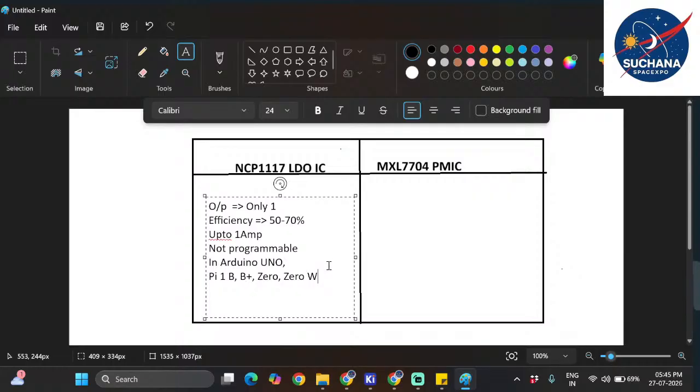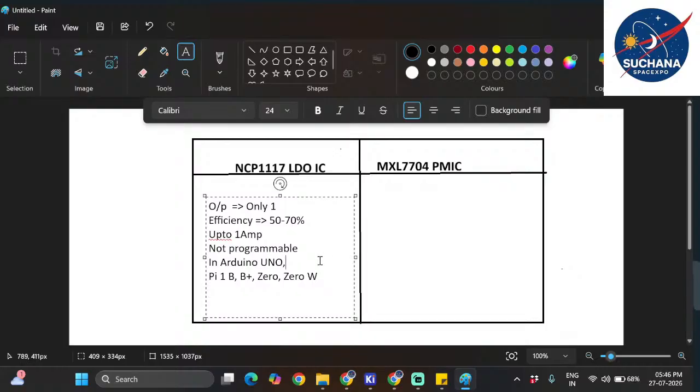So in these Raspberry modules, you can find this kind of low dropout voltage IC. To reconfirm whatever I am saying, just go through the schematics of those modules. There you can identify that this particular IC is actually present in the schematic.